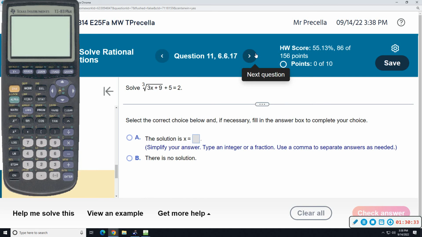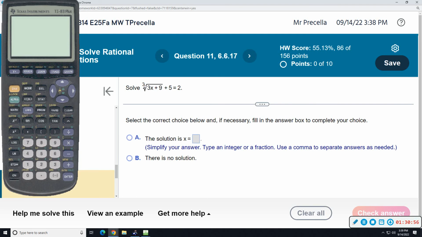So, like this one here, number 11. Cube root of 3x plus 9, and then a plus 5 equals 2. Instead of squaring both sides, we're going to have to do what? Cube.